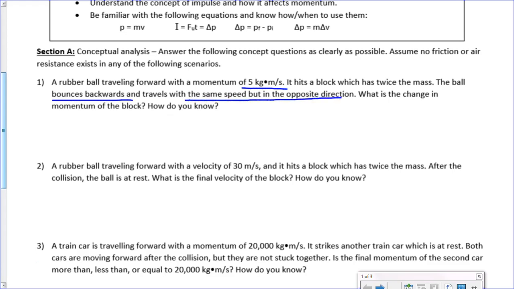All right, and so what this tells us is for the ball, the original momentum, which I'll call Pi, equals 5 kilogram meters per second. The final momentum equals, it's going the same speed but in the opposite direction, so negative 5 kilogram meters per second.